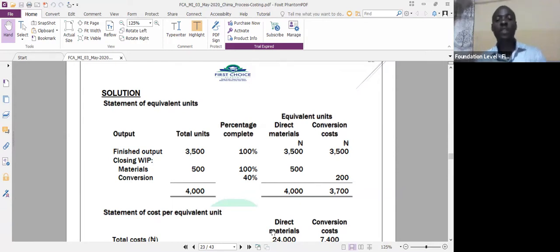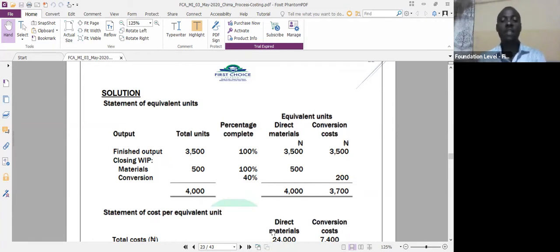So it means if it is 100% complete for materials, you see under materials it is still 3,500. Sorry, that naira you see there is supposed to be units, not naira. 3,500 units for material. Then conversion, not conversion cost. Conversion is supposed to be also 3,500.